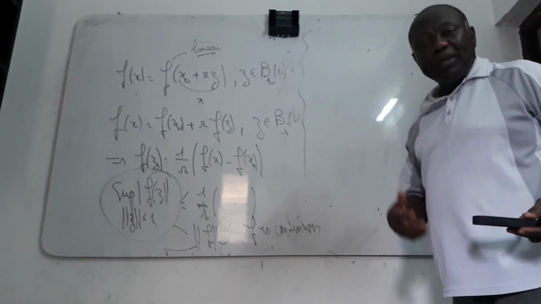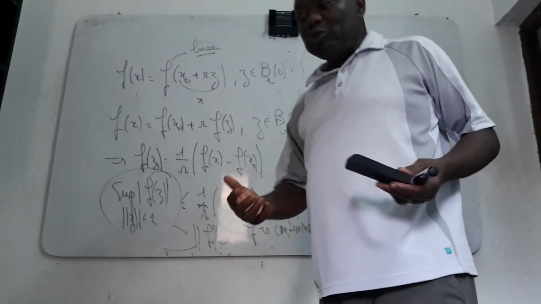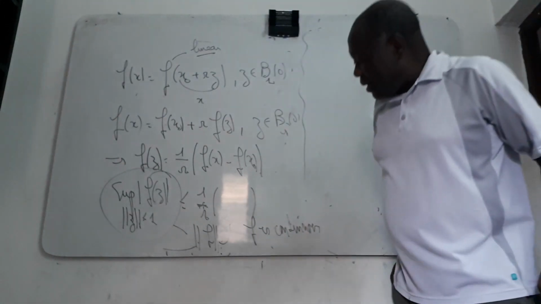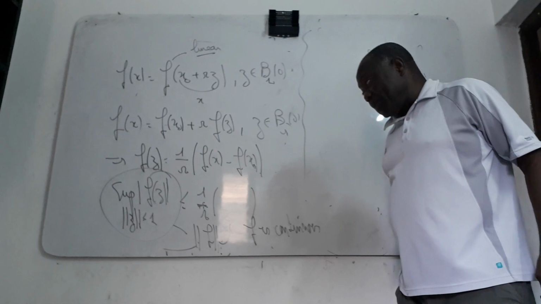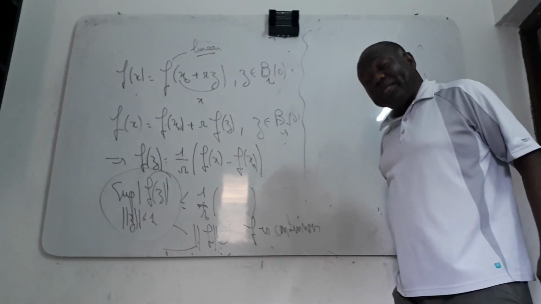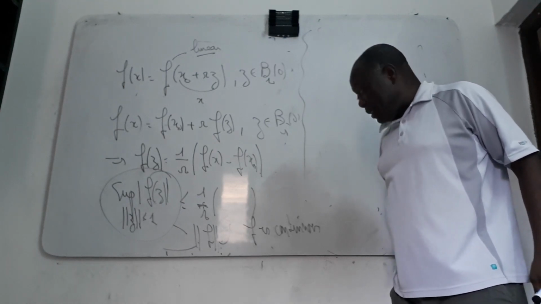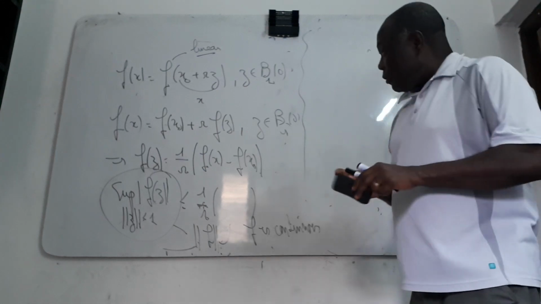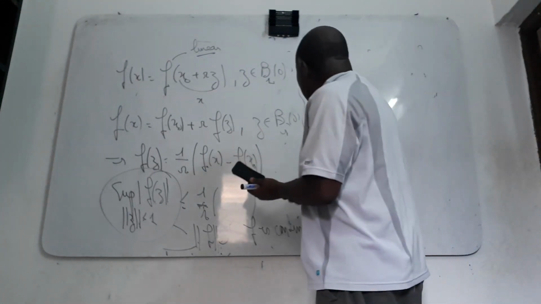I'll give you some definitions now before introducing the two geometric forms of the Hahn-Banach theorem. First of all, the first definition I'll remind you.